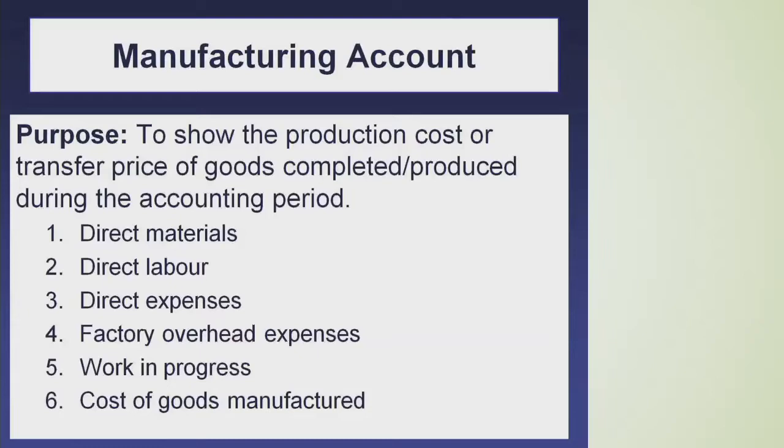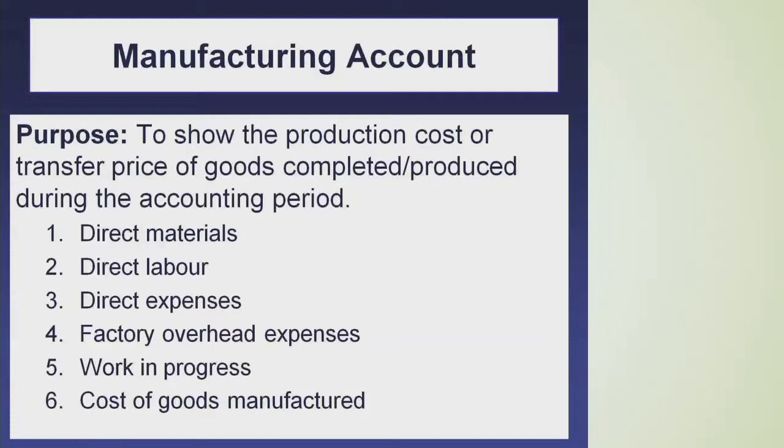These are the most important concepts that you need to master or to understand: direct material, direct labor, direct expenses, overhead factory expenses, work in progress, cost of goods consumed. Because when you are going to do the manufacturing account, these are the concepts that you are going to deal with more often. Okay, a manufacturing account.